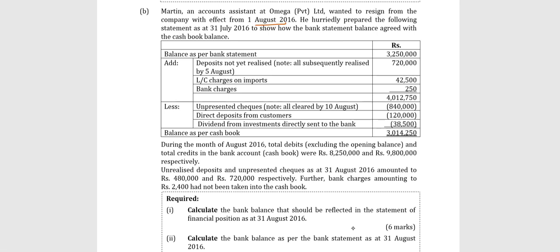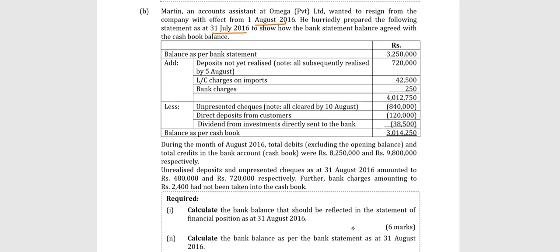He hurriedly prepared the following statement as at 31st July 2016 to show how the bank statement balance agreed with the cash book balance. So he has prepared the bank reconciliation statement as at 31st July 2016.